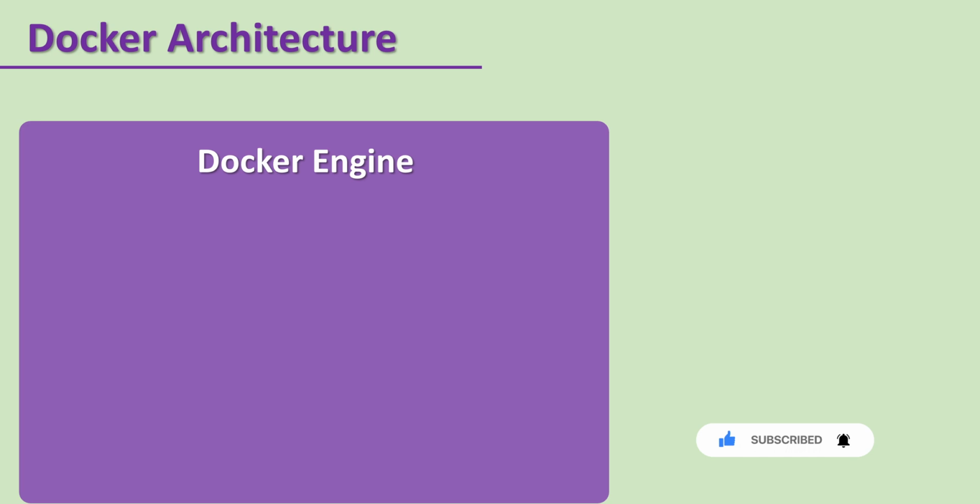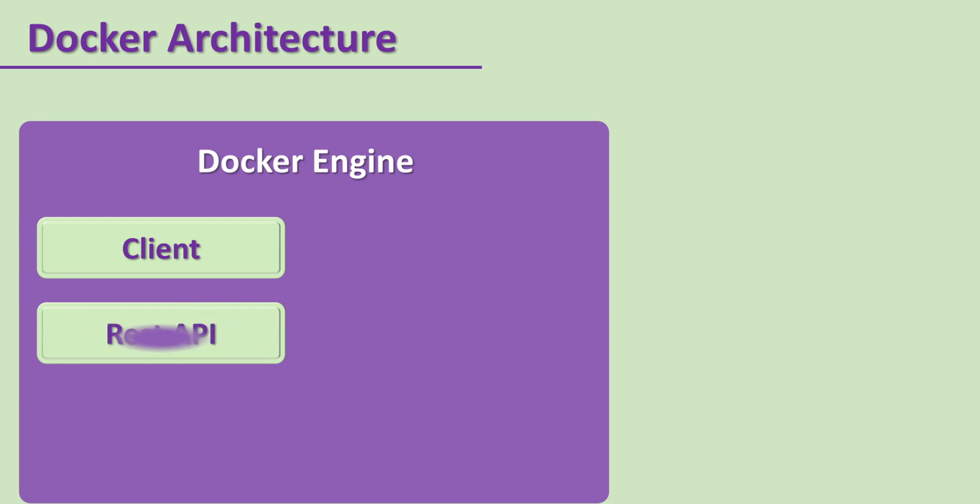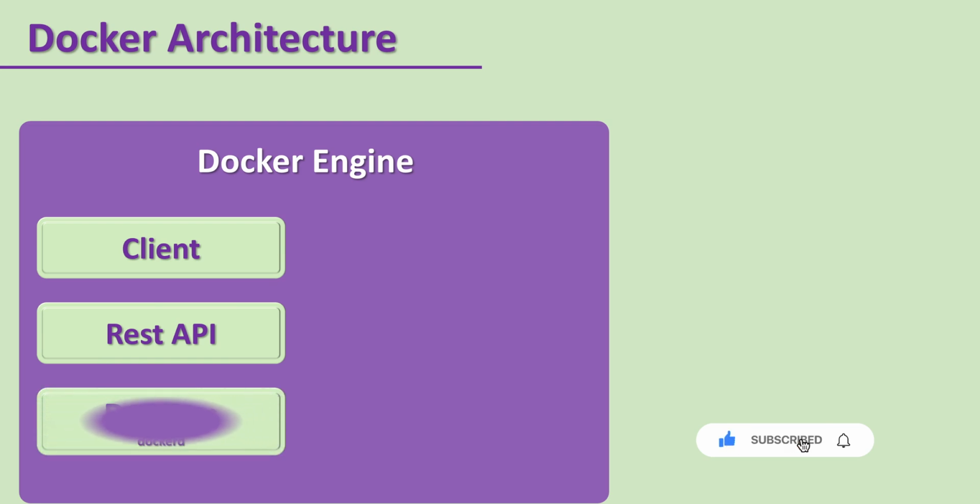It included all three parts, but in the modern, latest release, Docker has changed from a monolithic application to a microservice application. So in the Docker engine we have the Docker client, this is one component, and we have a Docker REST API, the second component, and then we have a Docker daemon that we also call dockerd.